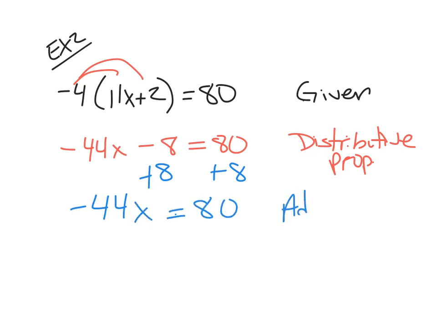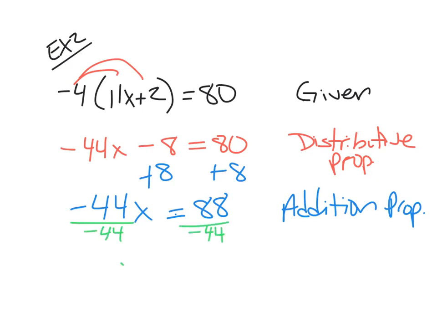And what property did we use here? Yep, so we used the addition property of equality. And then my last step was which gives you what? Division property of equality gives you the last step.